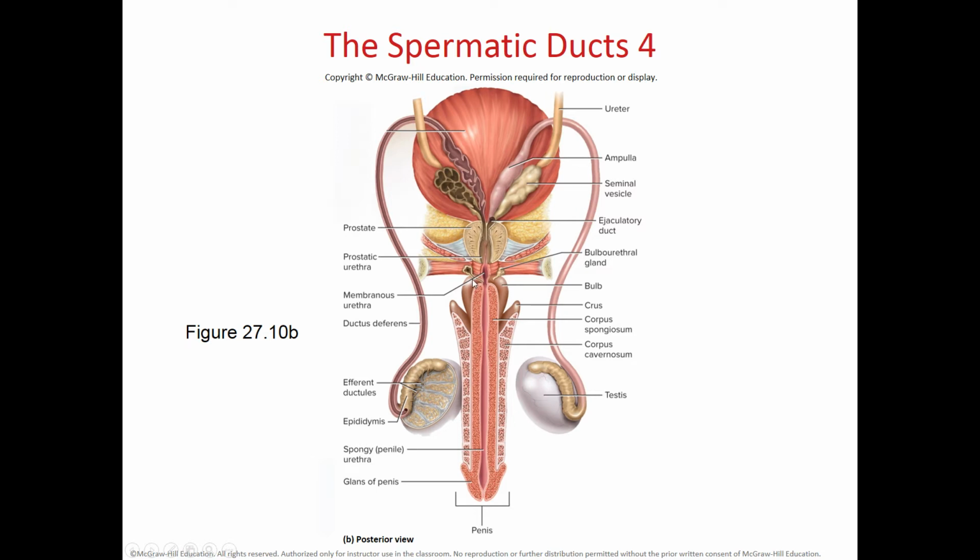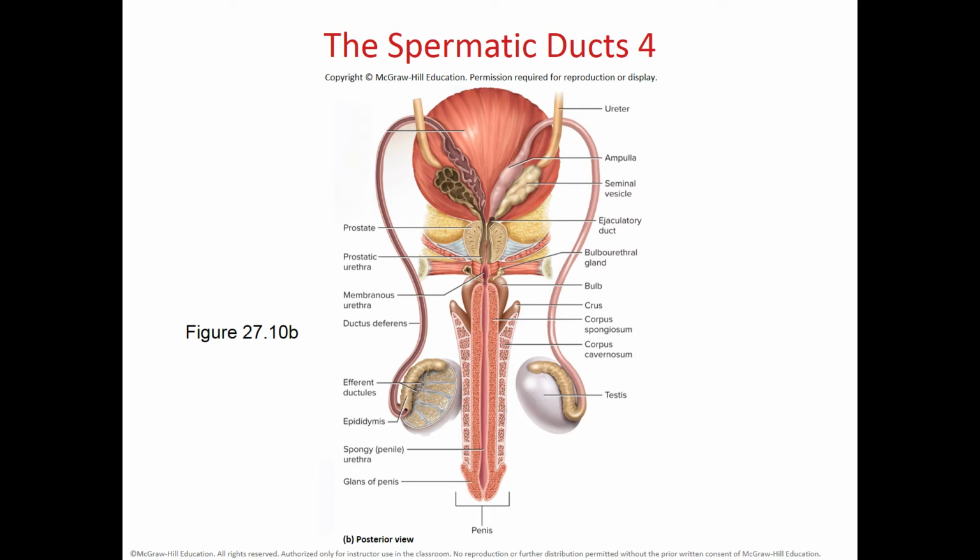So if you want to remember the trajectory of the sperm cells through the male reproductive organs through to the exit of the body, you can remember the acronym 7UP.